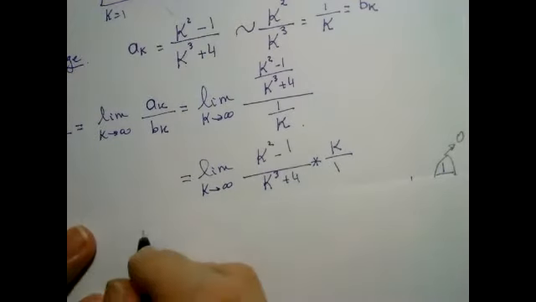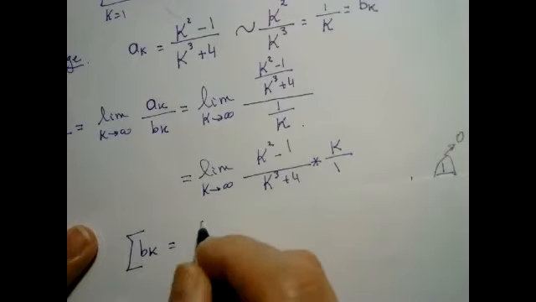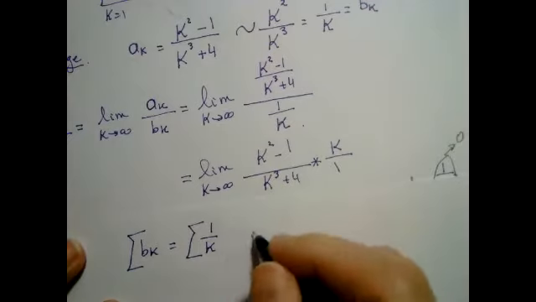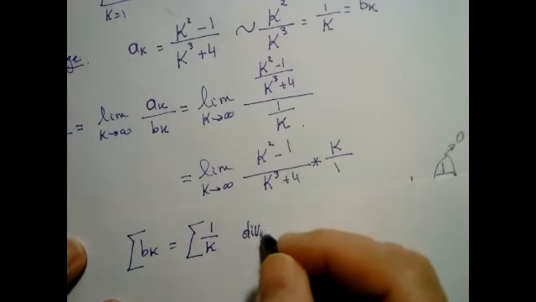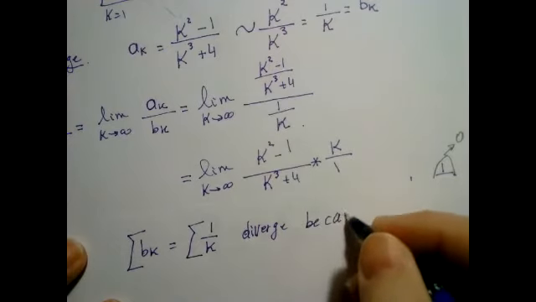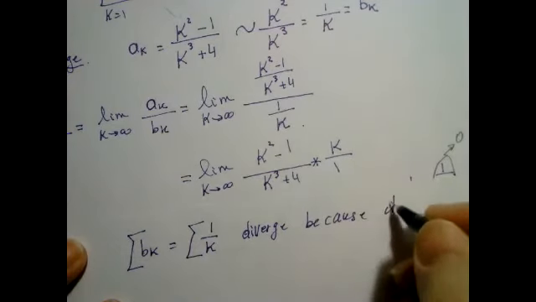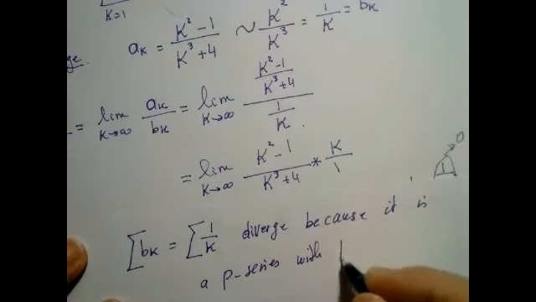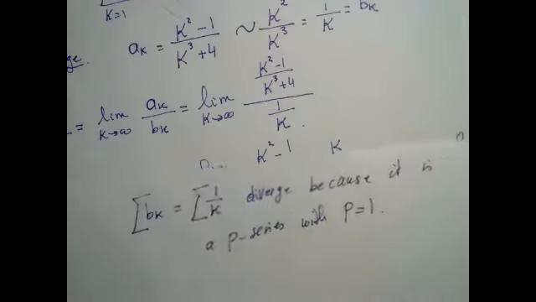Now sigma BK, the series that I'm comparing with, is sigma 1 over K. This one diverges because it's a P series with P equal to 1. So remember, by the integral test, we showed this diverges.